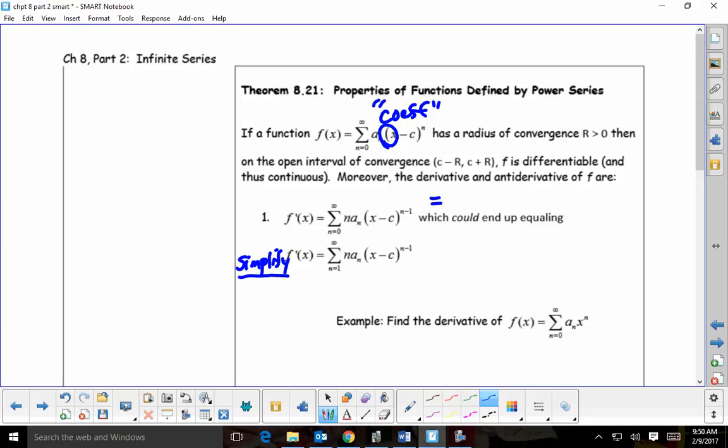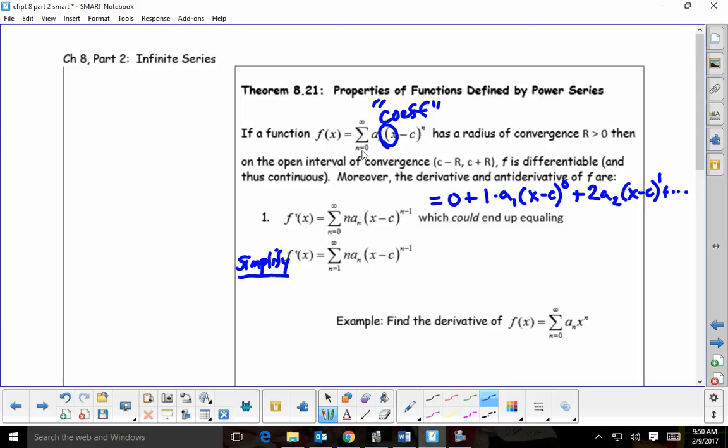Plug in 0, what do you get out? 0 times some blob, which is 0, plus, plug in 1 next, 1 times a sub 1 times x minus c to the 0, plus 2 times a sub 2 times x minus c to the first, plus dot dot dot.